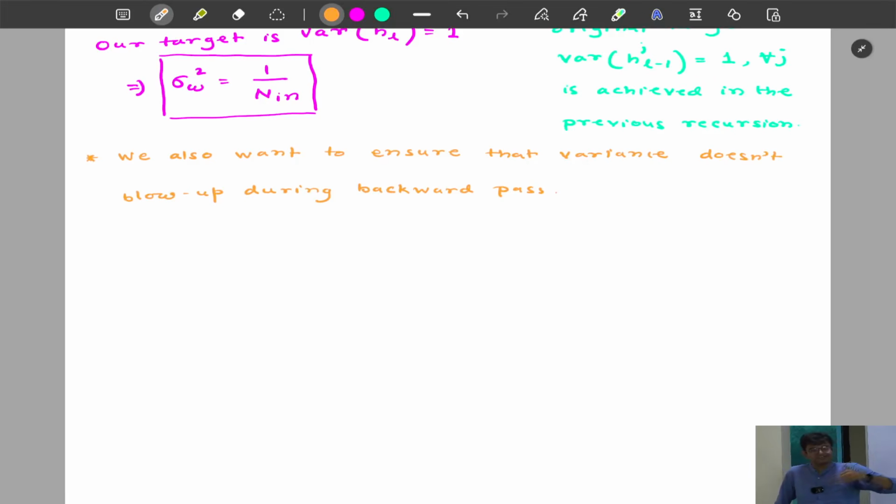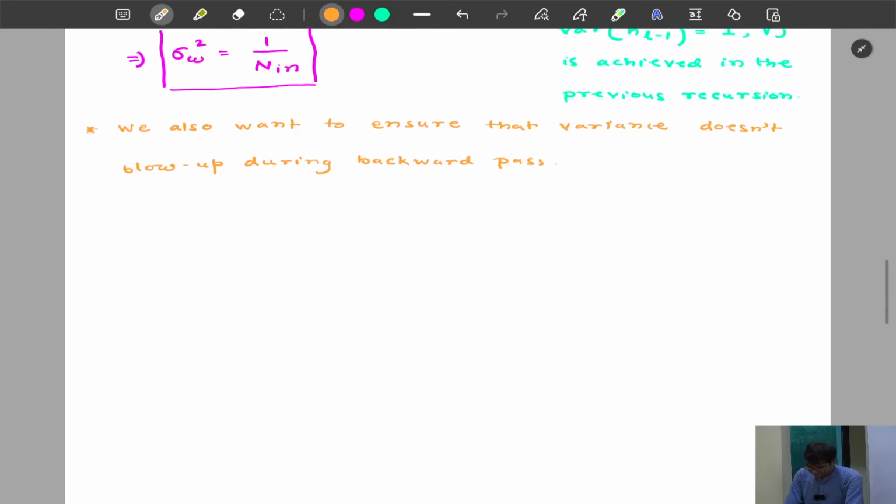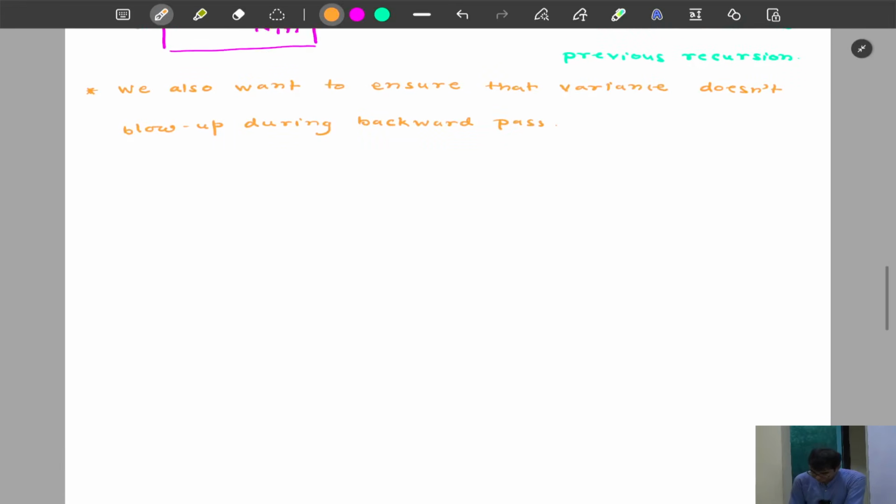When I'm returning, the input in back propagation is actually n out. You should derive it on your own, same process, same kind of assumptions or approximations, same thing you will get. This gives us sigma w square is equal to 1 by n out.